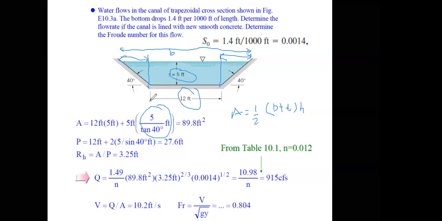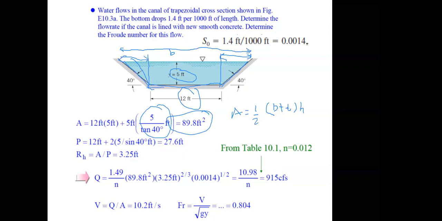So you find the area, and then the wetted perimeter. The wetted perimeter is only this part, sorry, I just need to define this one. So 12 feet is this one over here.